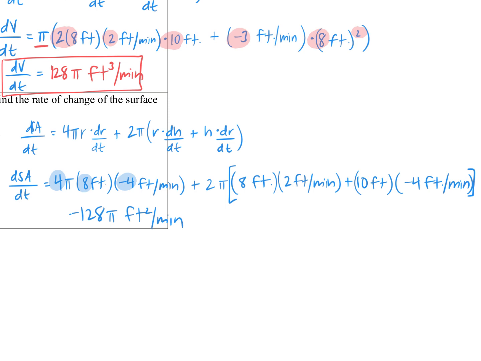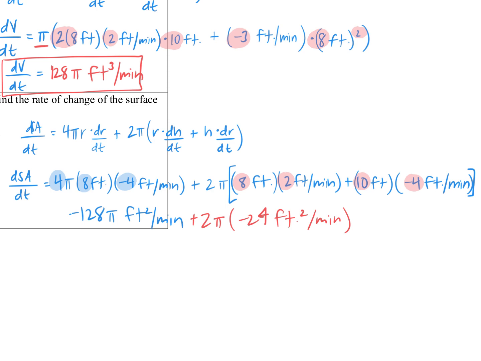And then the second one here, I multiply all these things together. Let's do 8 times 2 plus 10 times negative 4. So I get plus 2 pi times negative 24 feet squared per minute.